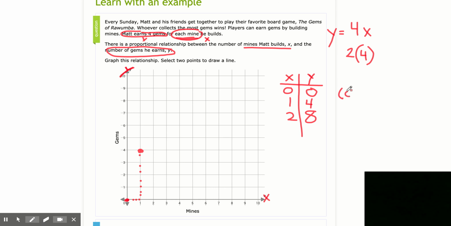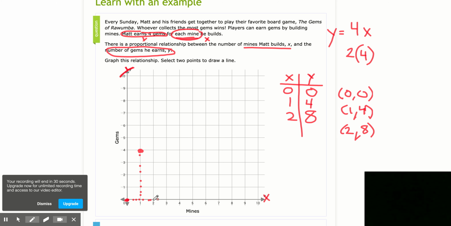If you want, you can just write the coordinates. This is (0, 0), (1, 4). And then the next one is (2, 8). So then I would move over to 2 this time for x. Move all the way up to 8.